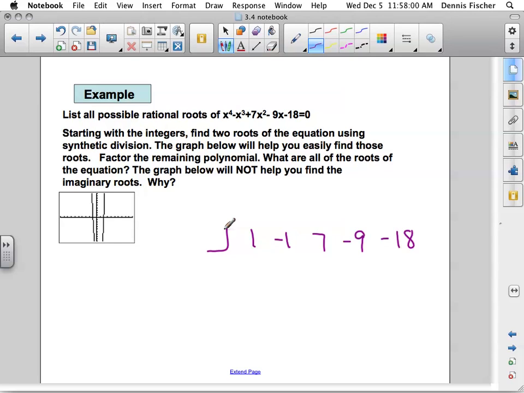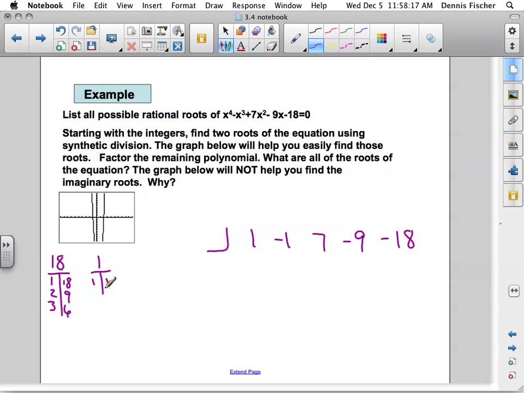So if I did my P's, 18, again, I just look at the number. I go 1 and 18, 2 and 9, 3 and 6. You're going to do plus and minus in all your factors, so it really doesn't matter. The 1 is easy.